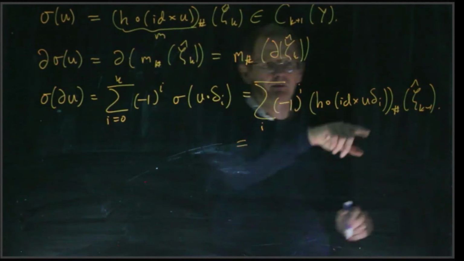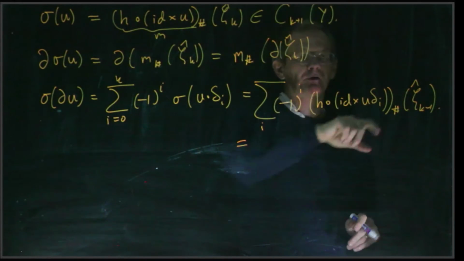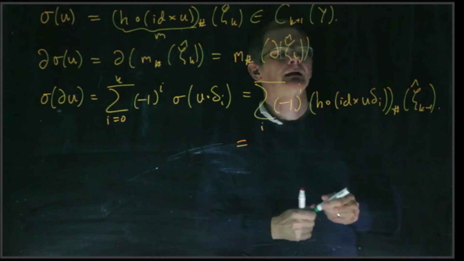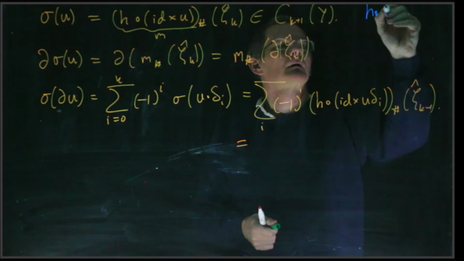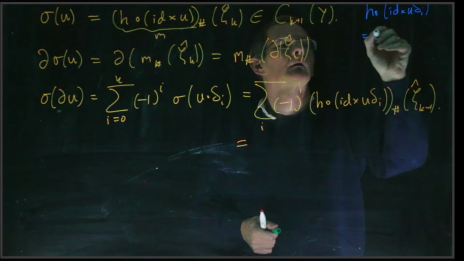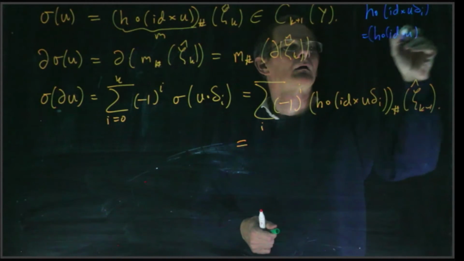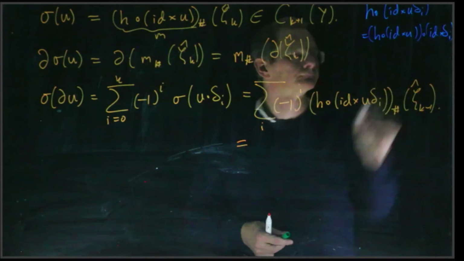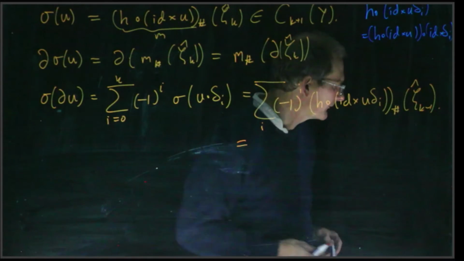Right. So this H composed with identity cross u δ_i, that's the same thing. Let's maybe write this in a box up here. So we can just break out the δ_i part separately.